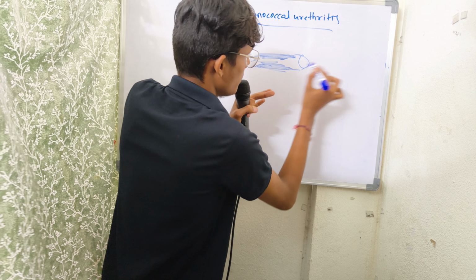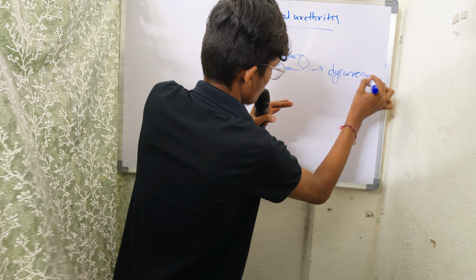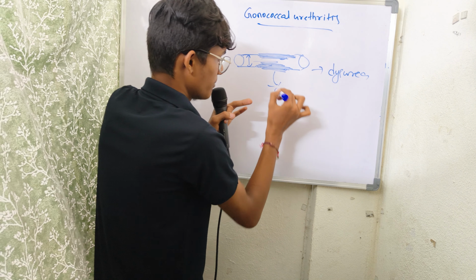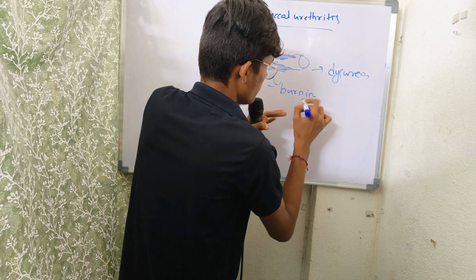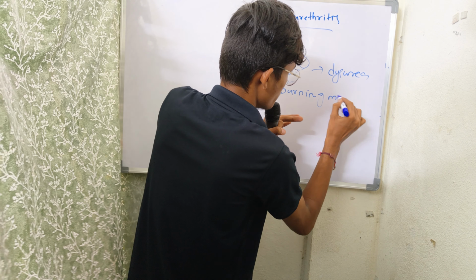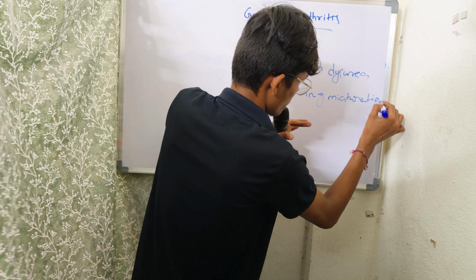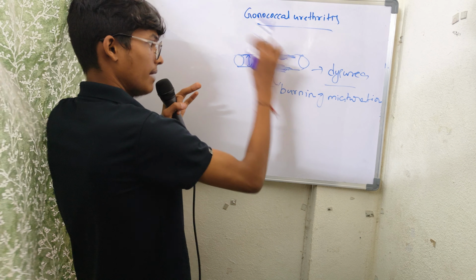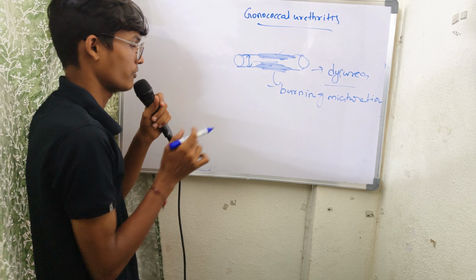The person may land up with dysuria, or because of the inflammation there might be burning micturition. Why dysuria? Because it healed by fibrosis and the size of the lumen is decreased, narrowing the lumen.